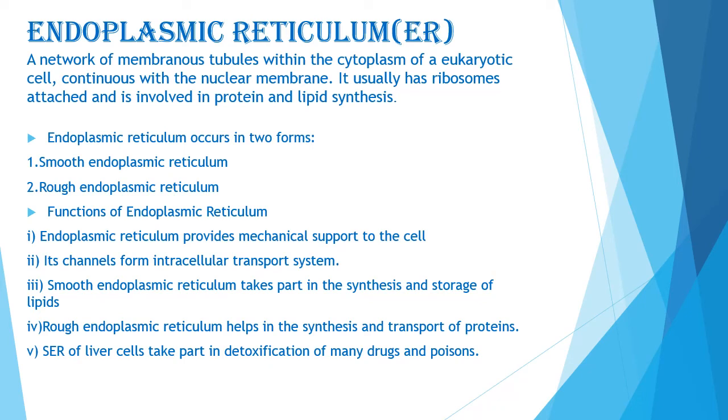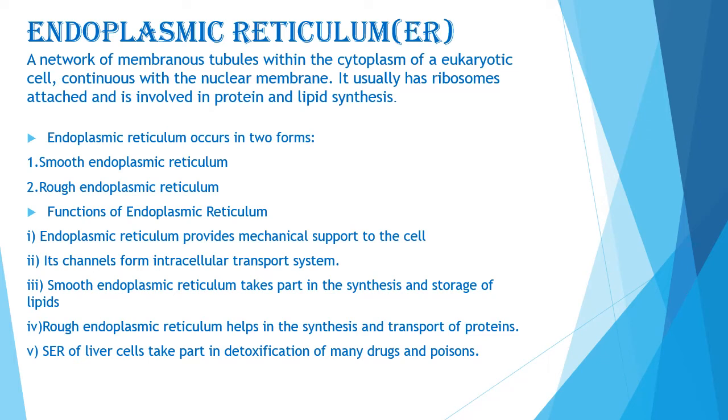So this is the main function of the smooth endoplasmic reticulum, that it helps in the synthesis of lipids. And you know that lipids help in the formation of the plasma membrane. Rough endoplasmic reticulum helps in the synthesis and transport of proteins. Lipids and proteins synthesized by endoplasmic reticulum are used for making the cell membrane, for membrane biogenesis.